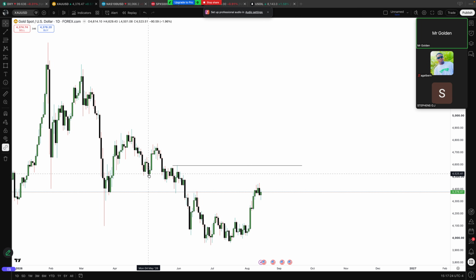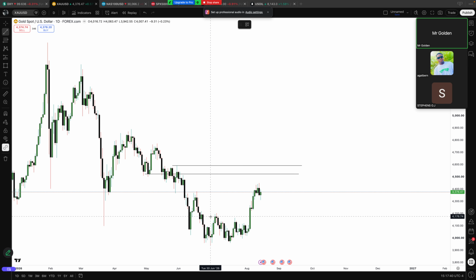So this is another point here that I would love to highlight. But ultimately the movement is, we're targeting this point here, which is this fair value gap, and this is an OB as well.